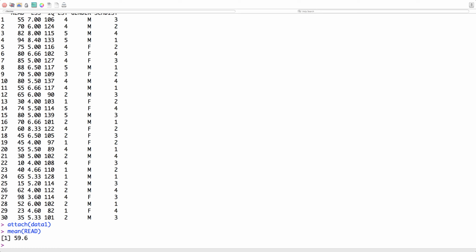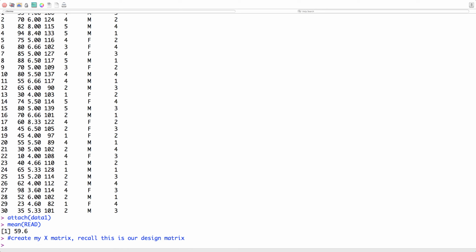All right, so first thing I want to do is create my X matrix. And recall, this is our design matrix. So guys, first thing I want to do here is set up a table of values. If you remember, my first column in my design matrix has to be all ones.